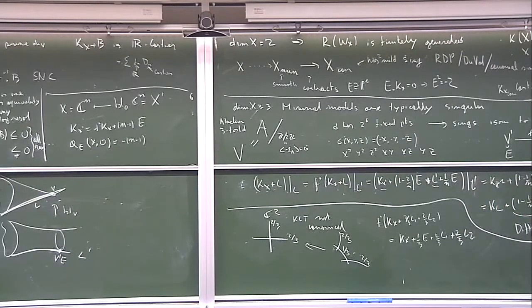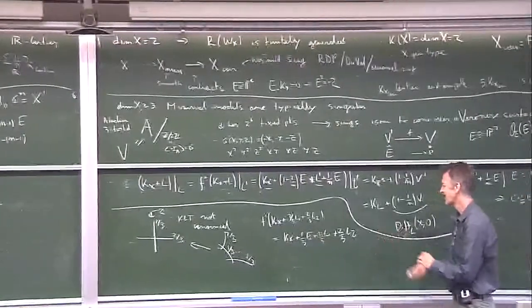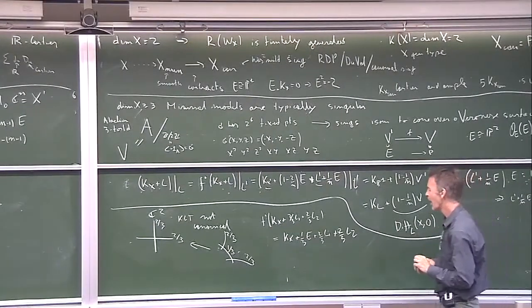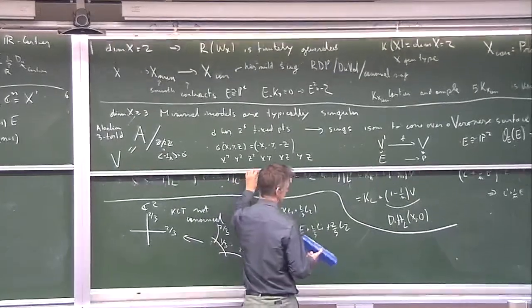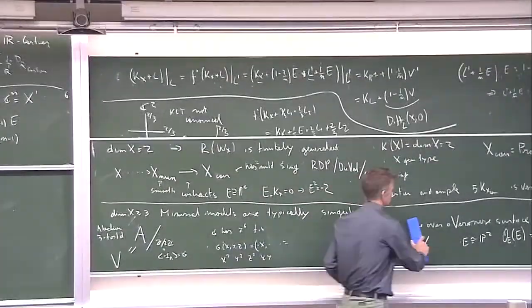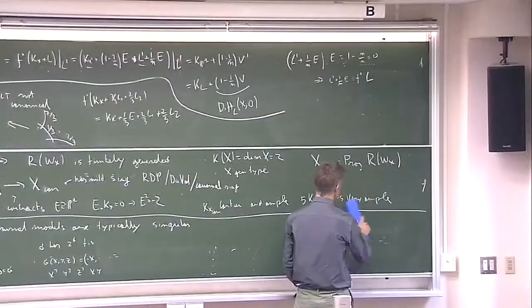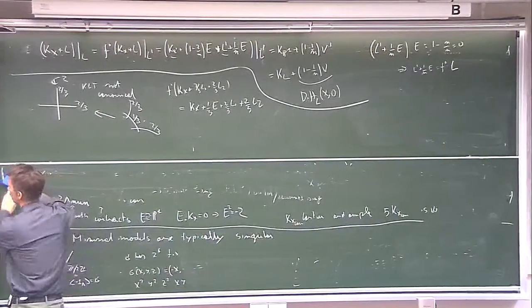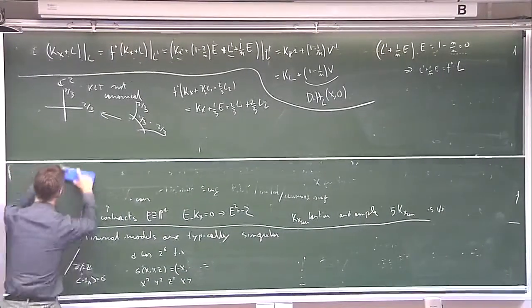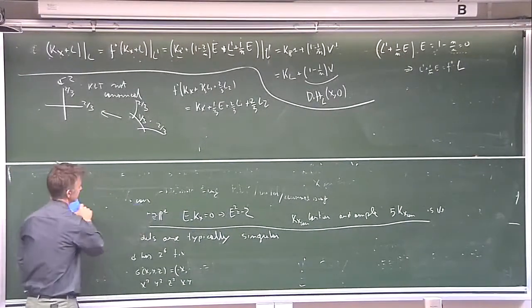You're right. But that's fine, there's no harm in working out a few examples. So now let me write down a somewhat disappointing example. You can do a similar computation with a cone over an elliptic curve.